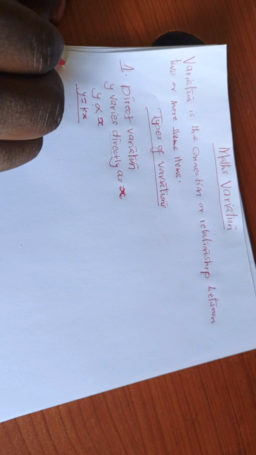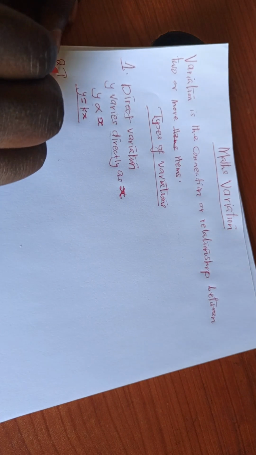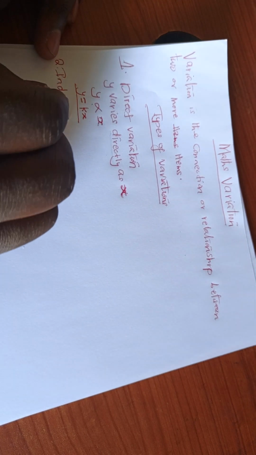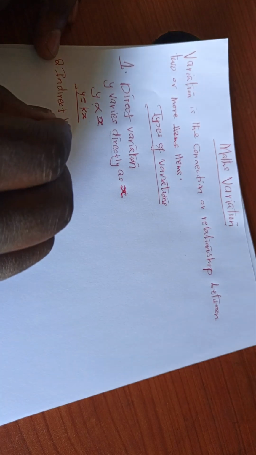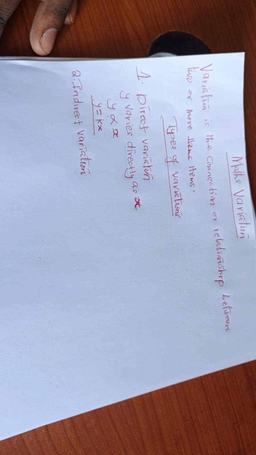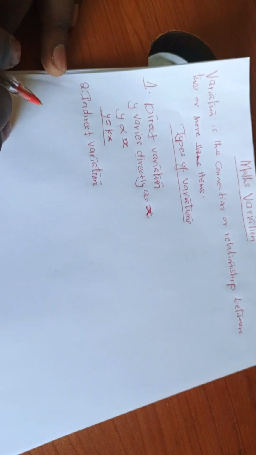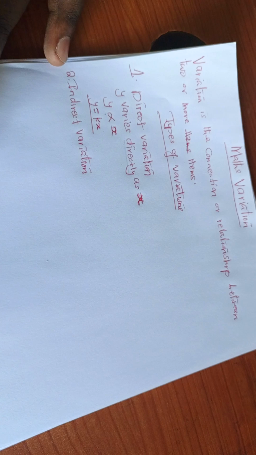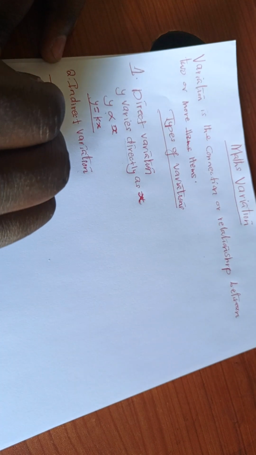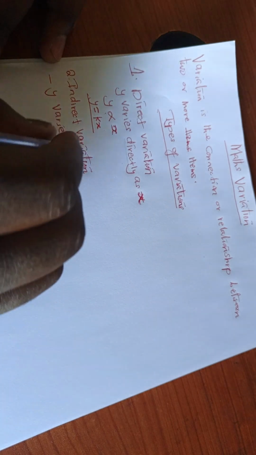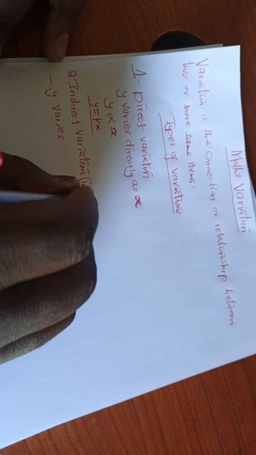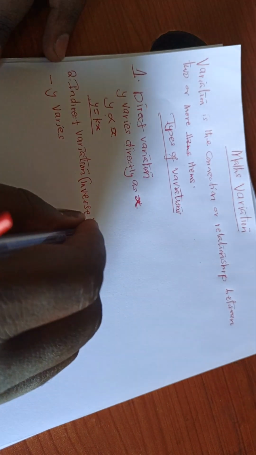Then number 2, we'll go to indirect variation. So for example, we have, given that y varies, this one can also be called inverse variation.